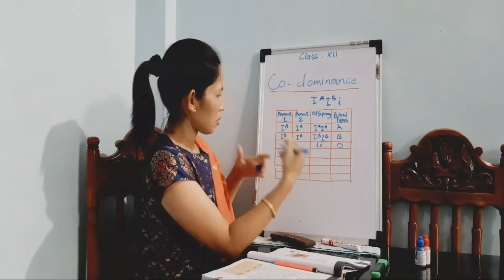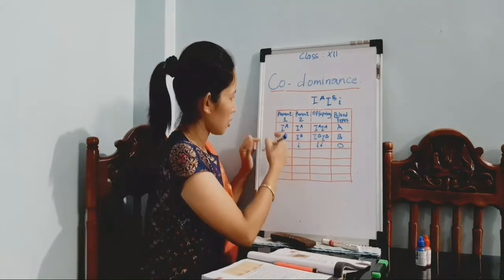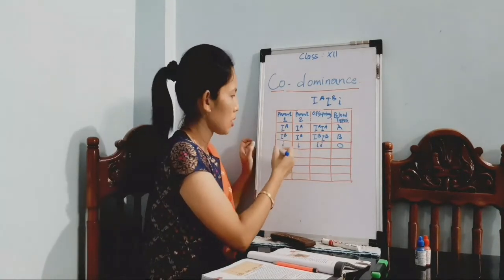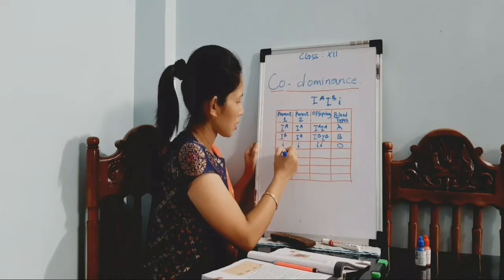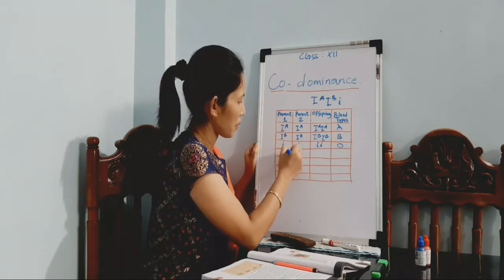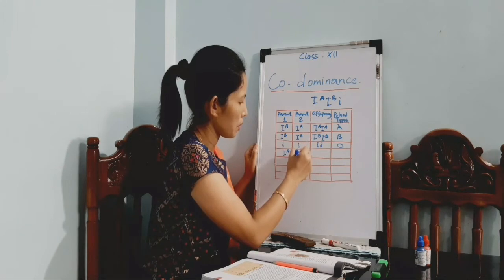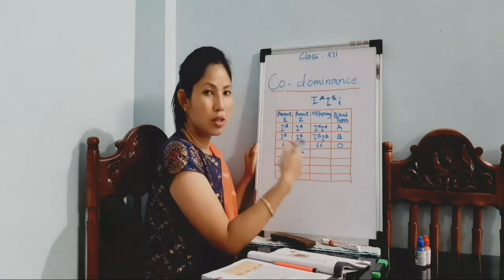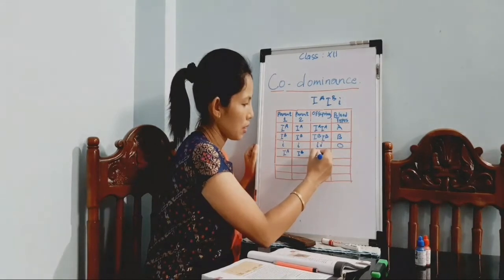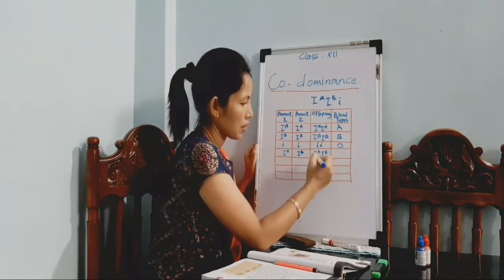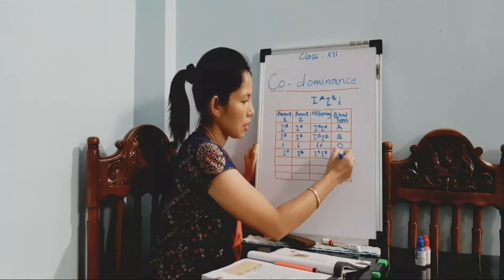Now the next possibility: if parent 1 produces IA and parent 2 produces IB. In case of codominance, both will be expressed together. So it will be IA IB, and the blood group will be AB.